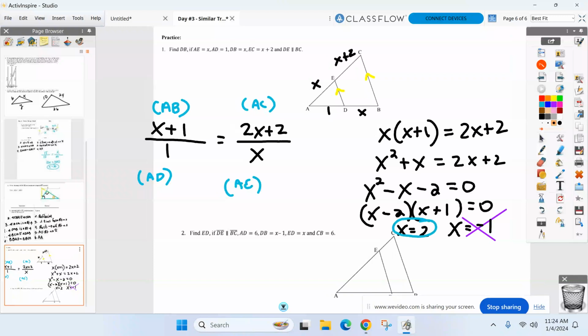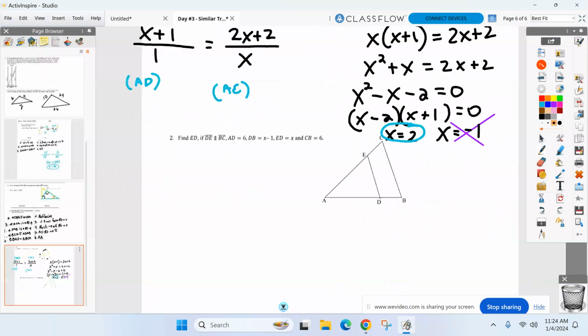Questions? Try one out in your group. What do you say? Go ahead, number 2. Try one out in your group.